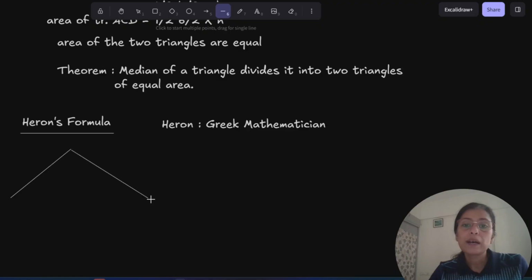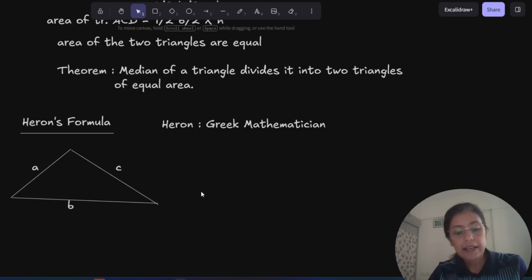So for example, we have this triangle. I know that the length is A for this side, length is B for this side, and length is C for this side. I don't know anything about the length of its height.